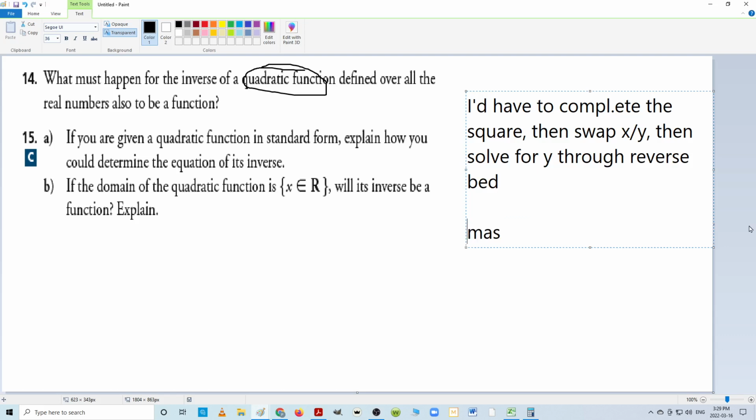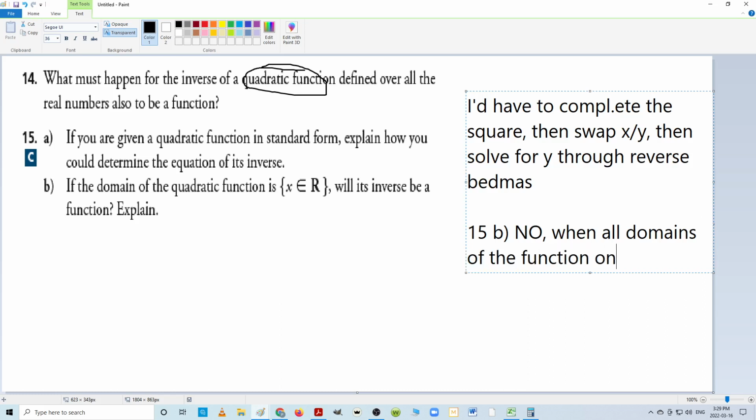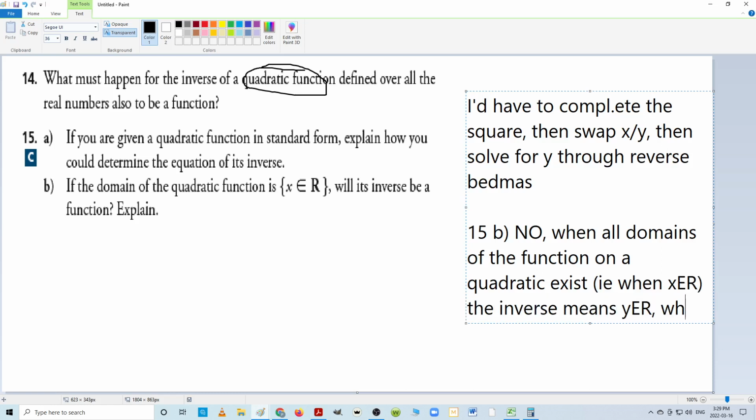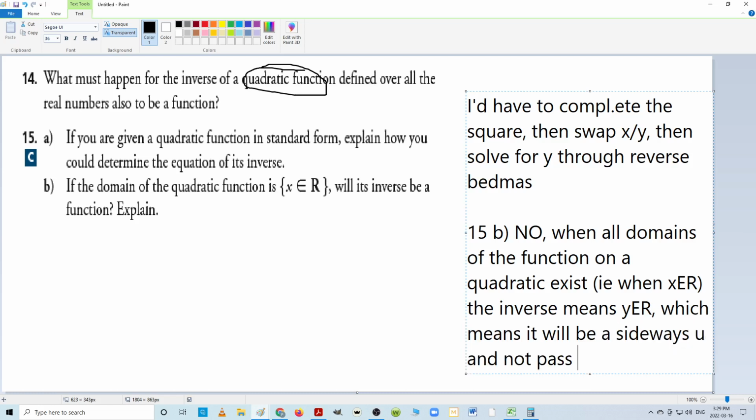No. So the answer to 15b, no. When the domain of the quadratic function is all x, the inverse means all y, which means it will be a sideways U, and not pass the vertical line test.